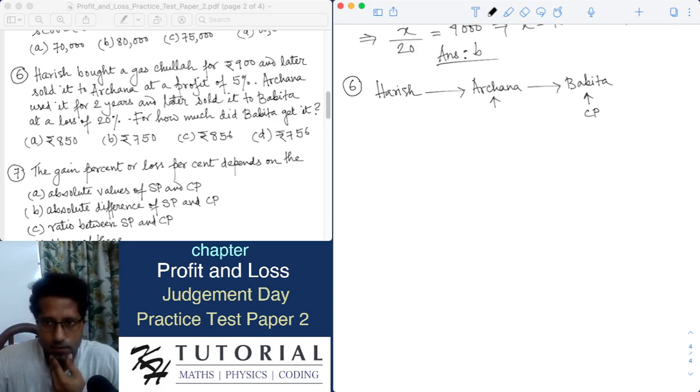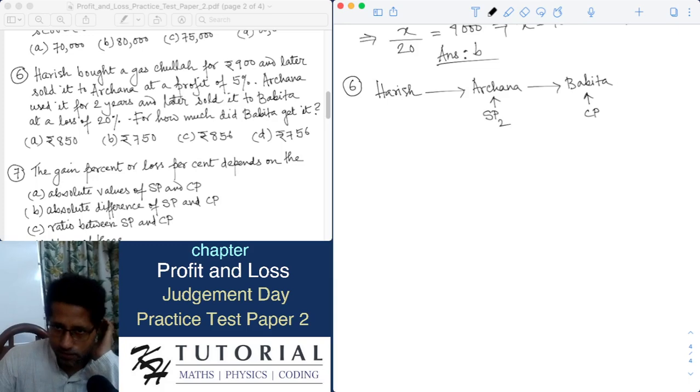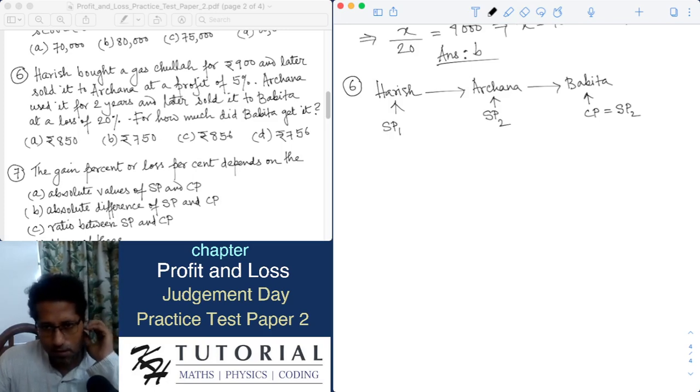Let's say SP2 is the selling price of Archana, that is the price at which Archana sold the gas chula to Babita, and obviously this CP should be equal to SP2. And let SP1 be the selling price of Harish, that is the price at which Harish sold the gas chula to Archana.